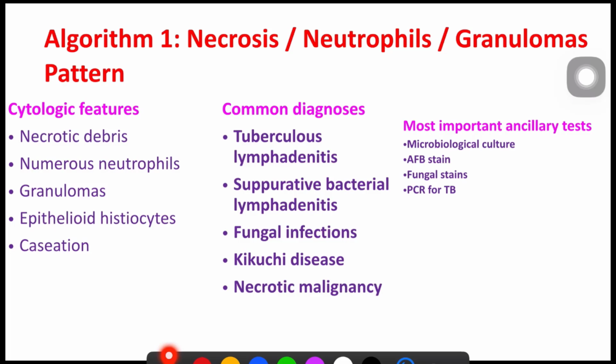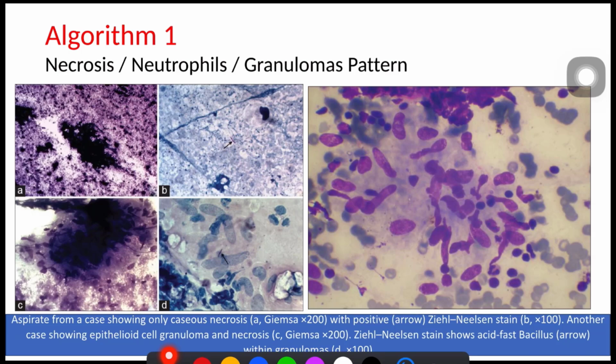Now the common diagnosis when you find granulomas and necrosis is tuberculous lymphadenitis. If neutrophils are predominant, think of suppurative bacterial lymphadenitis, some fungal infections, Kikuchi disease or necrotic malignancy. In this pattern, the most important ancillary tests are microbiological culture, AFB stain, fungal stains or PCR for tuberculosis.